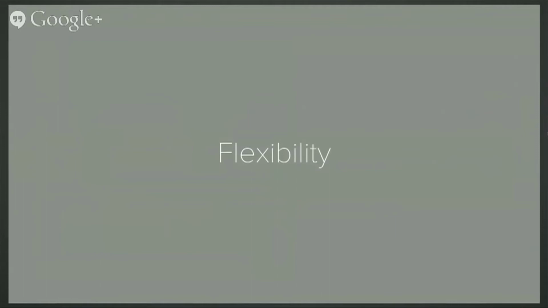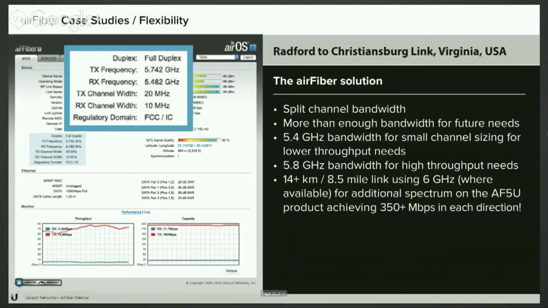The second case study is about flexibility, and I'm going to hand this off to Chuck to walk through it. Chuck? Okay, thanks. Basically, this is another scenario similar to what I talked about, where we have a mixed frequency, mixed bandwidth, mixed power system. In this particular case, we needed a lot of bandwidth in one direction, not a lot in the other. So we have a system where the TX channel width is configured for 20 megahertz, receive on 10.